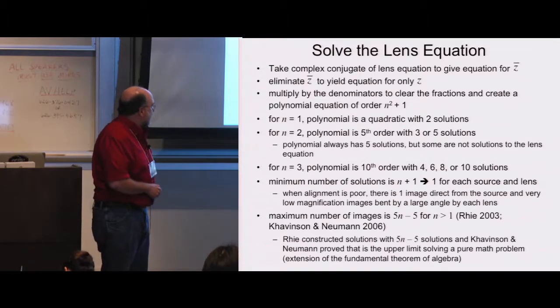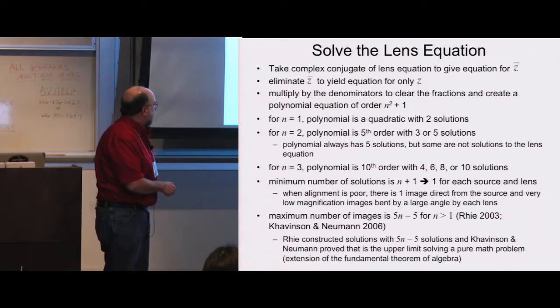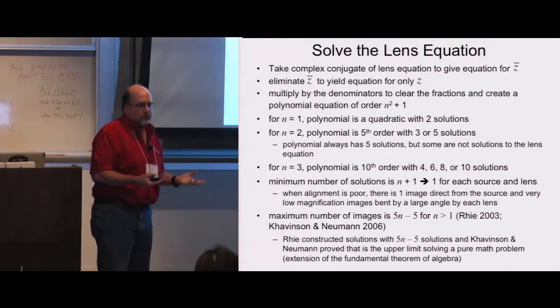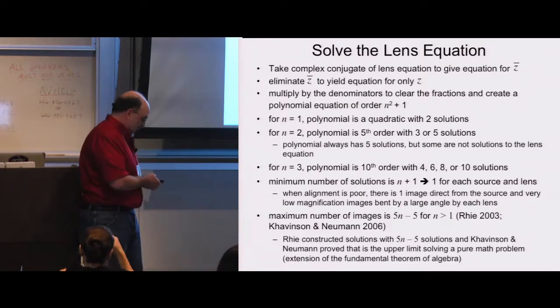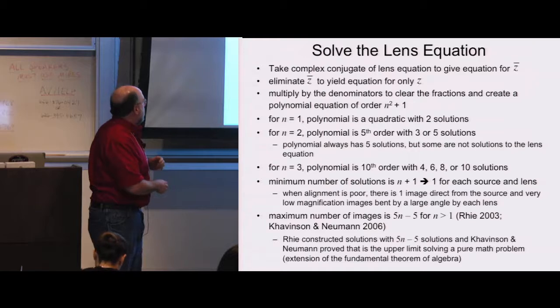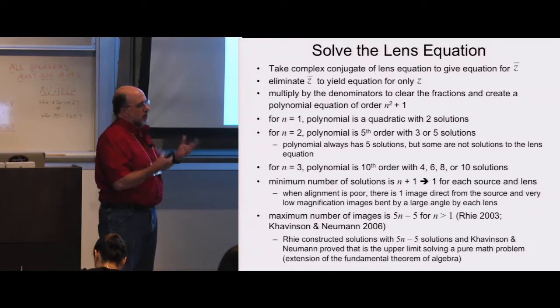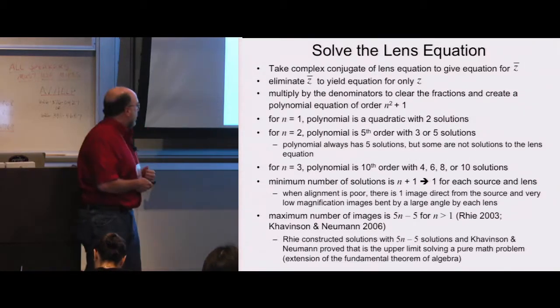It turns out this problem is equivalent to a fundamental mathematics problem, an extension of the fundamental theorem of algebra. So the fundamental theorem of algebra involves the number of solutions to polynomial equations. This involves the solutions to equations that are inverses of polynomials.